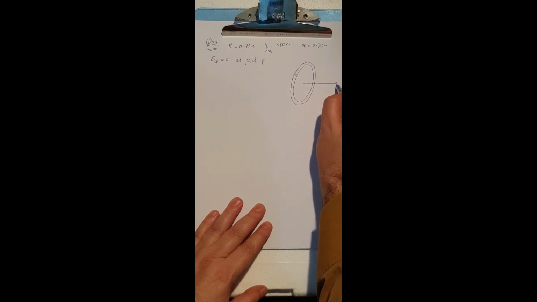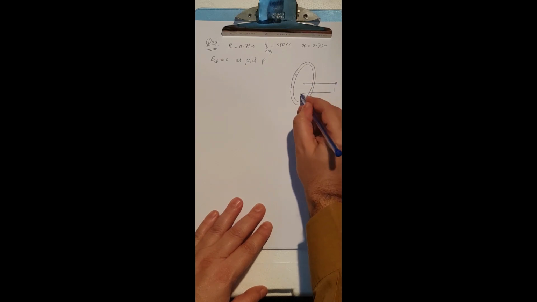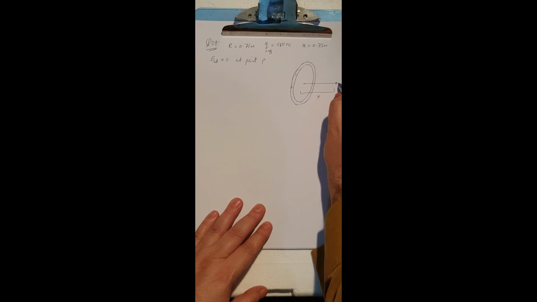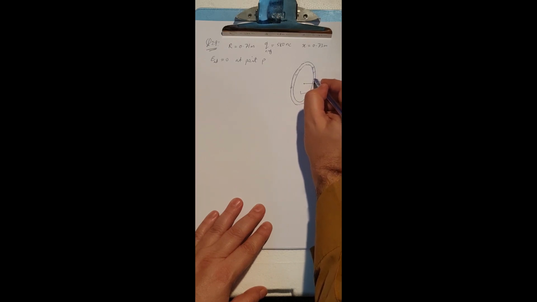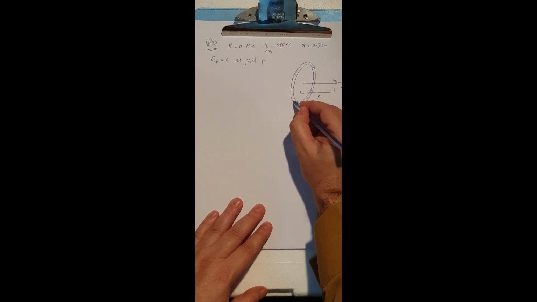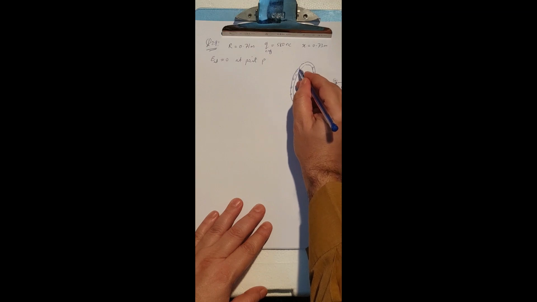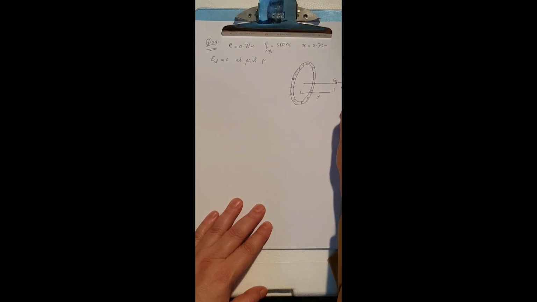The electric field here at an x position, the total will be on the x-axis. This is E of the ring only, this way. If you put a positive test charge here, and all these are positive, okay. So the total will be on the x-axis, because the y-components, because of symmetry, cancel each other.